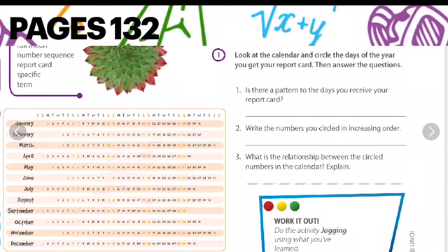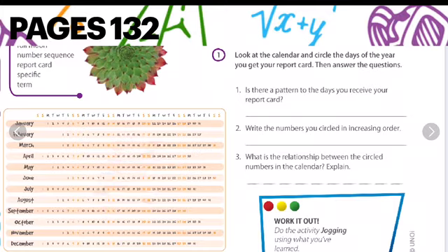So this is your calendar, and it says that you have to circle the days of the year you get your report card. The report card is the card where you receive your grades, okay? So this depends on the bimester that we are on, okay?